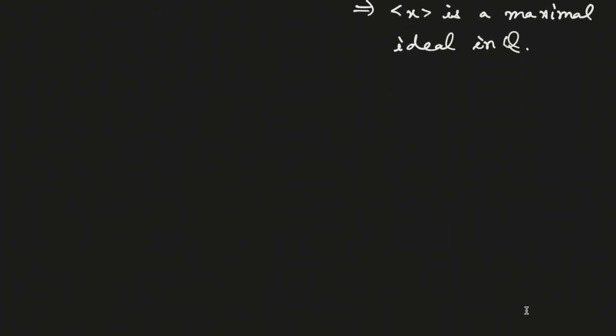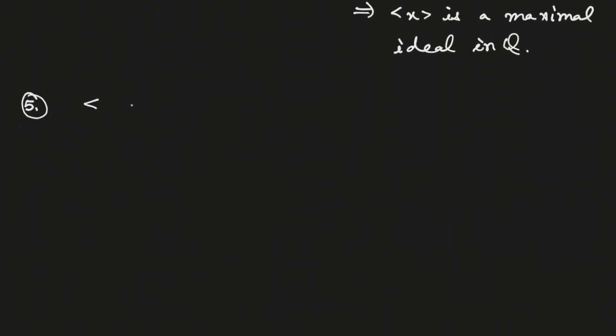Okay. Next example, the ideal (x, 2) is not a maximal ideal in Q[x].